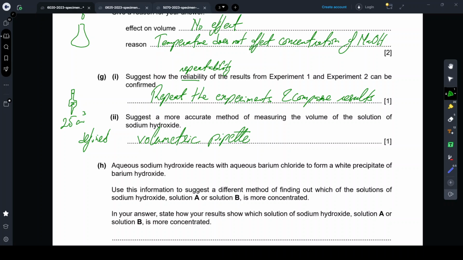So more accurate compared to using a measuring cylinder. Now I say pipette because that's what you normally use to measure out the alkali. You don't normally put an alkali in the burette, but again, normally does not mean you can't. So it's what you said initially, that works, but the key word over here is volumetric.